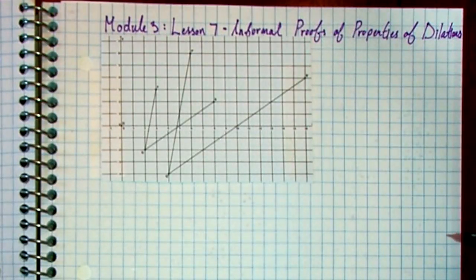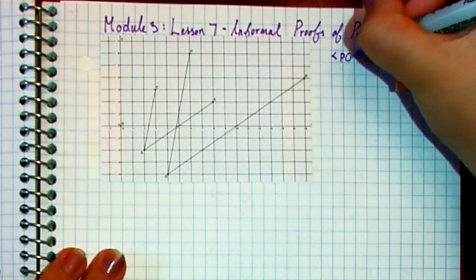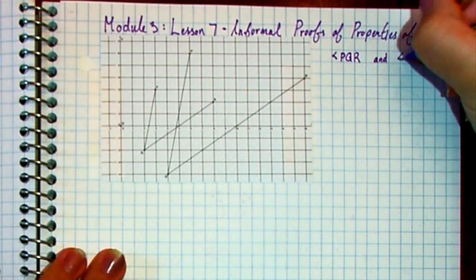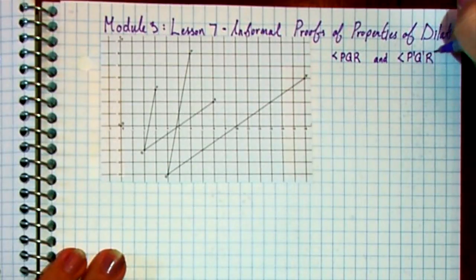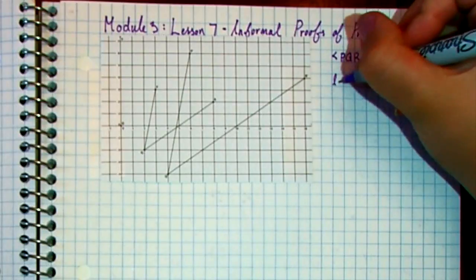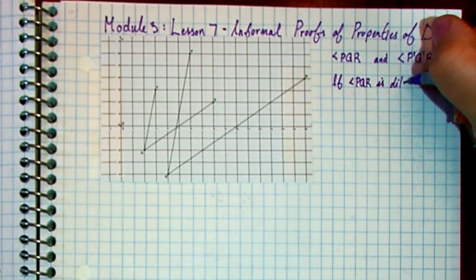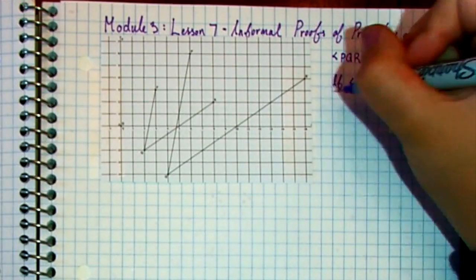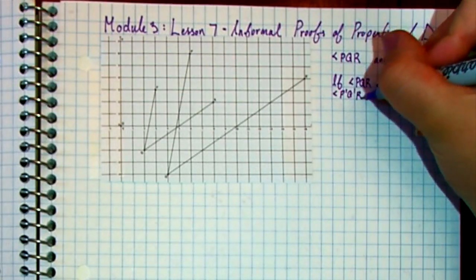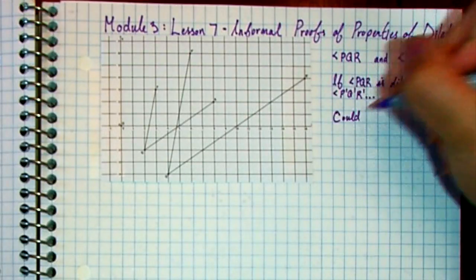What I have in my image is a small angle PQR, and then a slightly larger angle P prime, Q prime, R prime. What we're saying is that if the angle PQR is dilated to become the angle P prime, Q prime, R prime, what things can we assume?